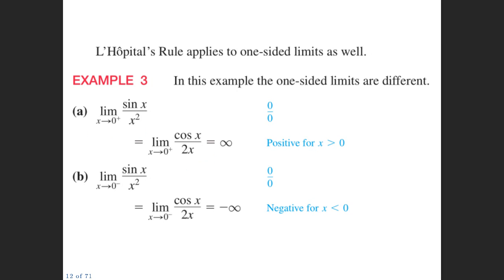And then part B, we can calculate the left-hand limit as x tends to 0 from the left of the same function, sine x over x squared. Because it's 0 over 0, we can use L'Hopital's rule and say that's the same as the limit as x tends to 0 from the left of cos x over 2x.